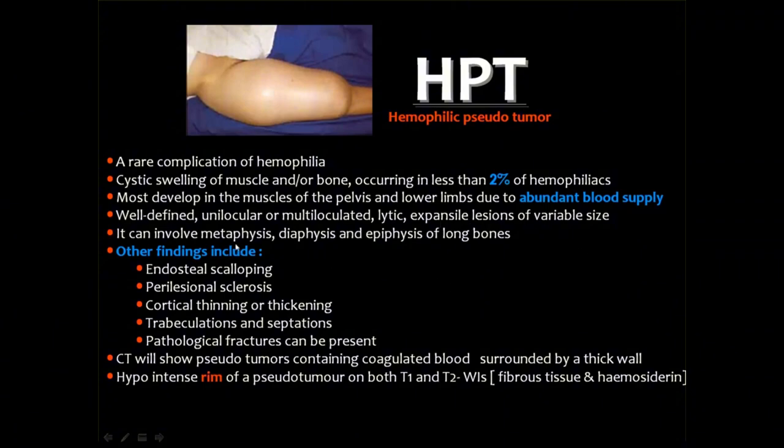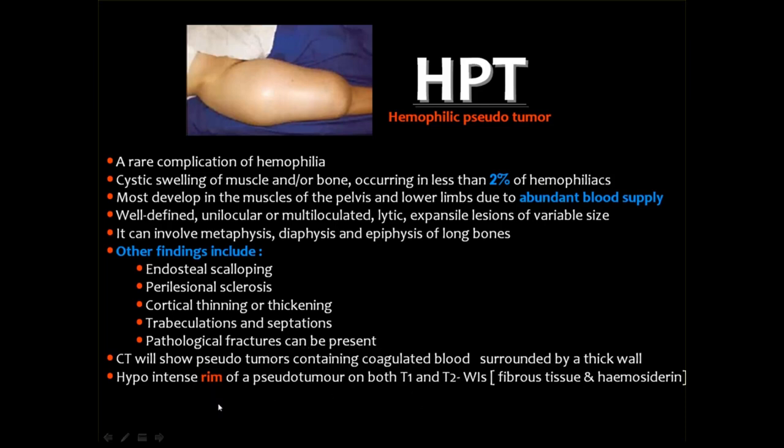It can affect the metaphysis, the diaphysis, and the epiphysis, with these manifestations on the plain film, including endosteal scalloping, perilesional sclerosis, and cortical bone thinning or thickening, trabeculations and septations, together with pathological fractures.